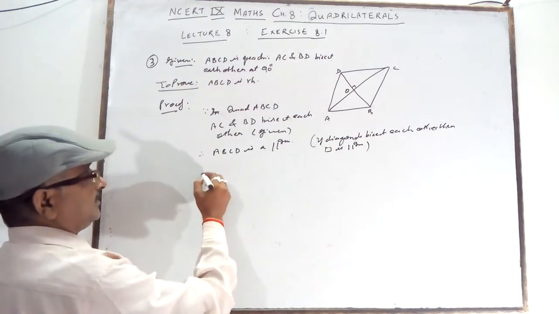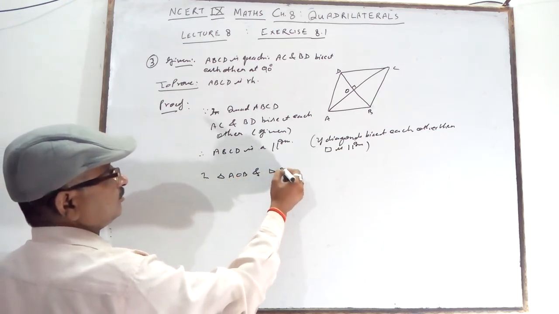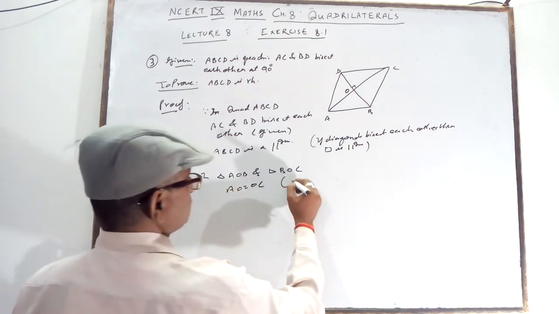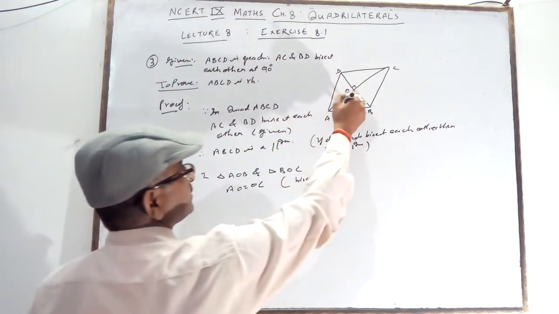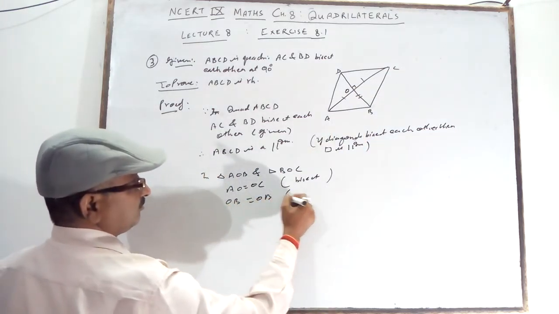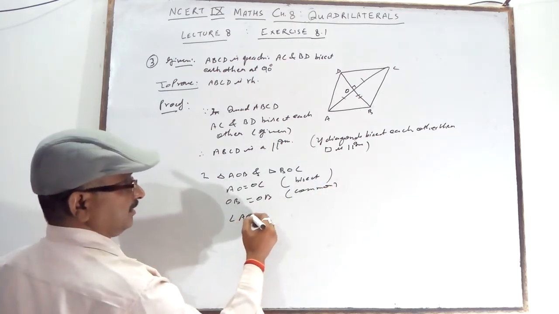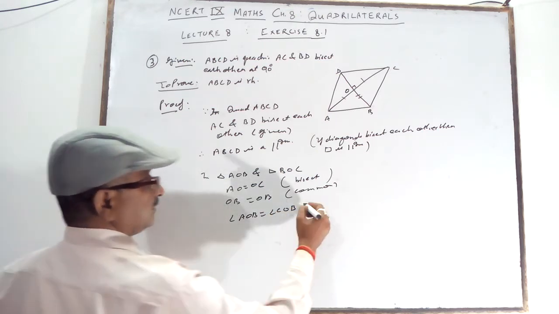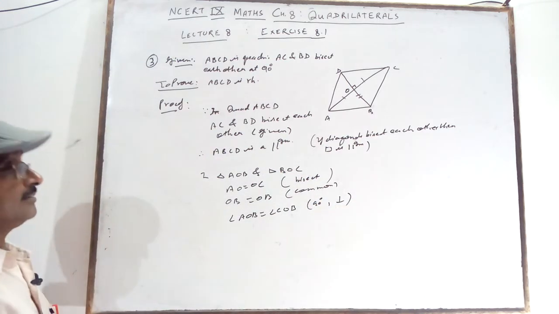Now, in triangle AOB and triangle BOC, AO is equal to OC because diagonals bisect each other. OB is equal to OB, common. Angle AOB is equal to angle COB, 90 degrees, because given perpendicular bisector.